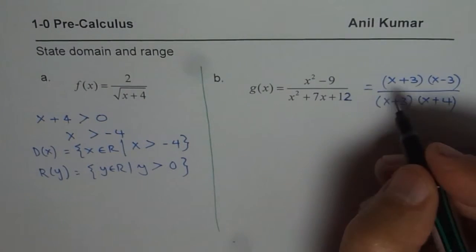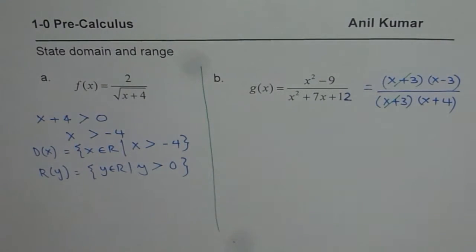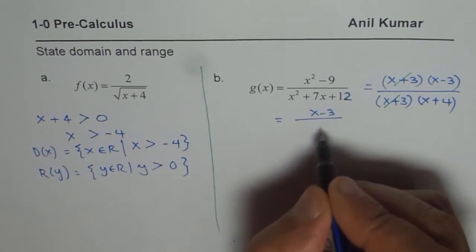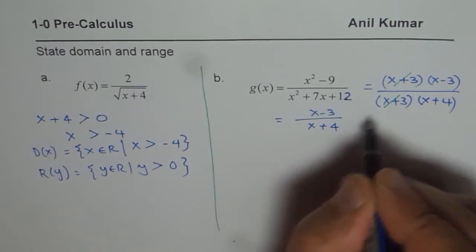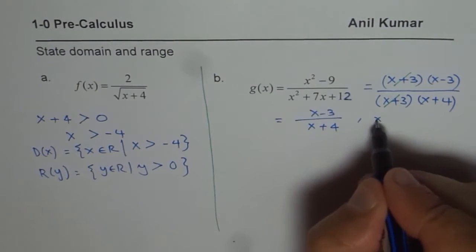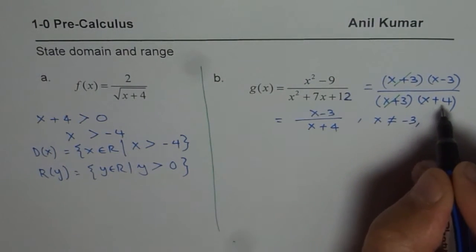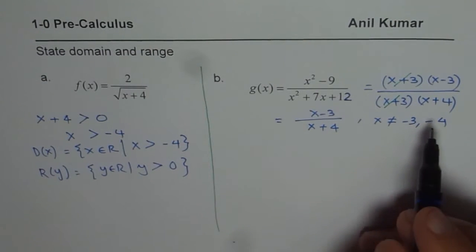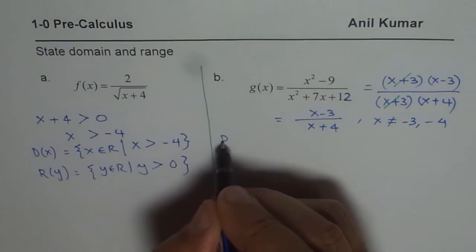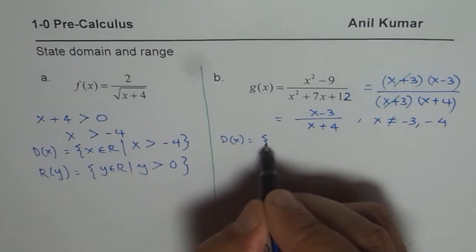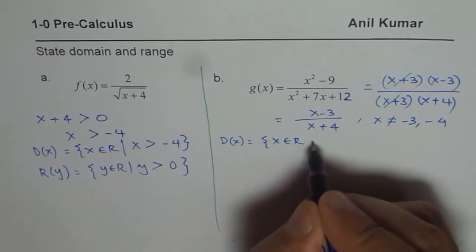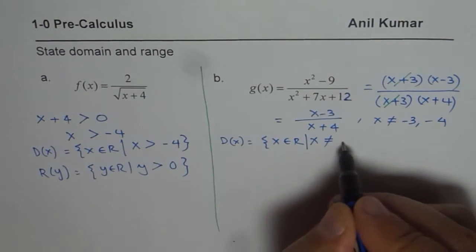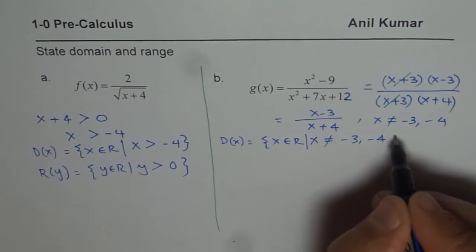Now this expression can be simplified, and we can write g of x as x minus 3 over x plus 4. That gives us two restrictions. One is that x is not equal to minus 3. The other one is that x is not equal to minus 4. So the domain of the function is x belongs to real numbers, but x is not equal to minus 3 or minus 4.